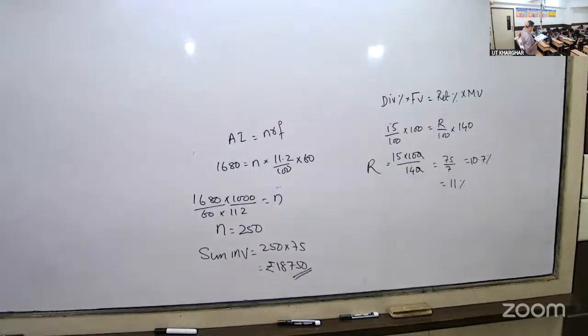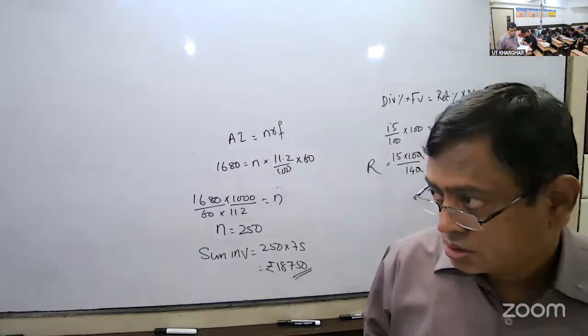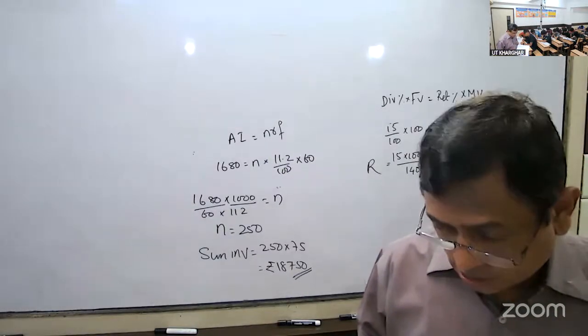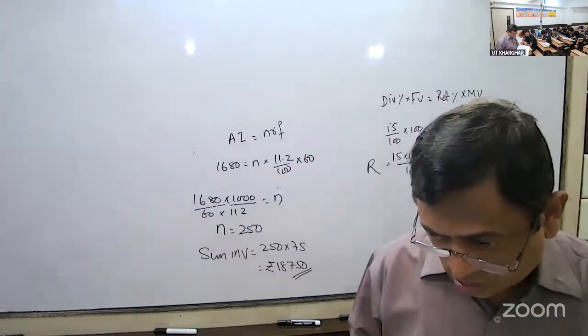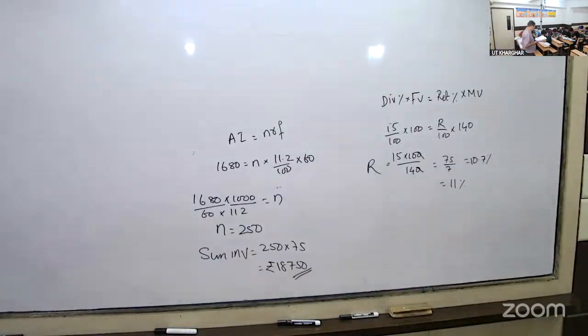SP of one share is equal to 100 plus 60, how much? 160. Rate of dividend is not given. Therefore, sale proceeds is equal to 60 into 160. How much did you get? 9,600 rupees. That is the first answer.